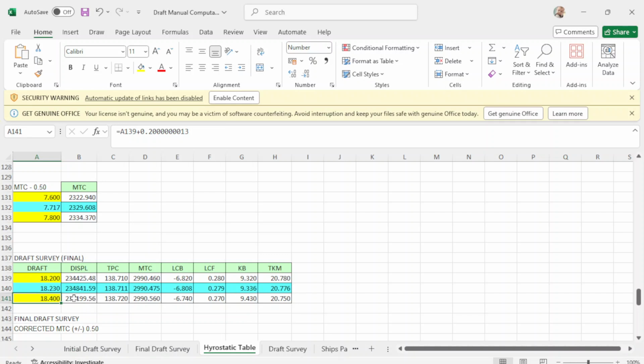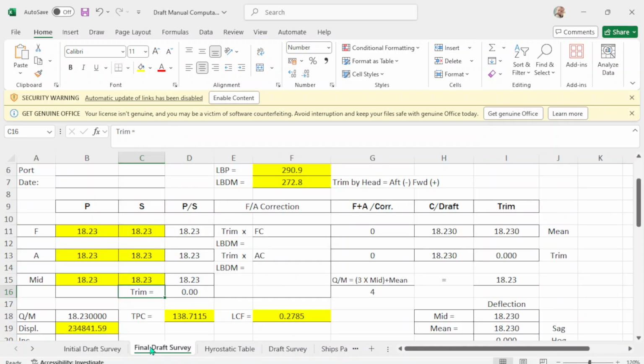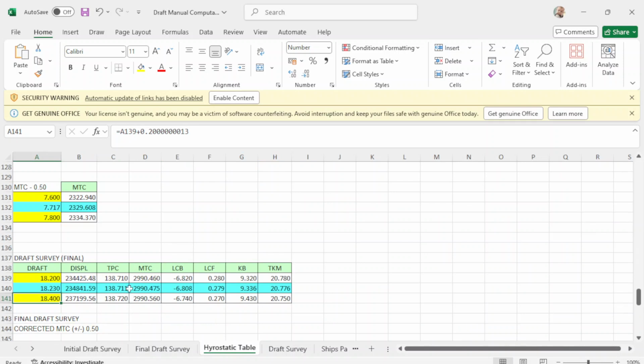The displacement is 23481. The TPC is 13.871, and the LCF is 0.279.